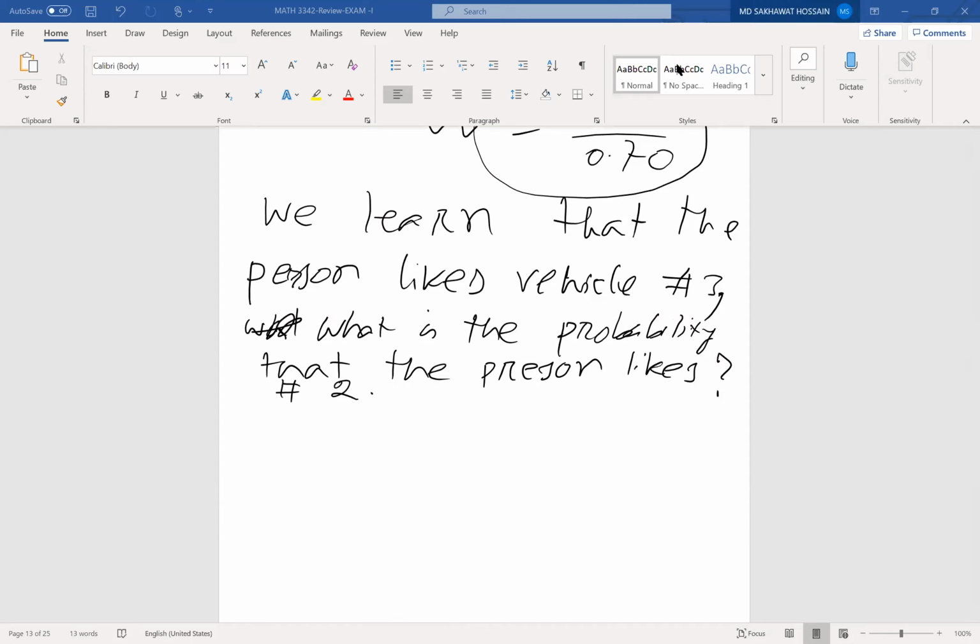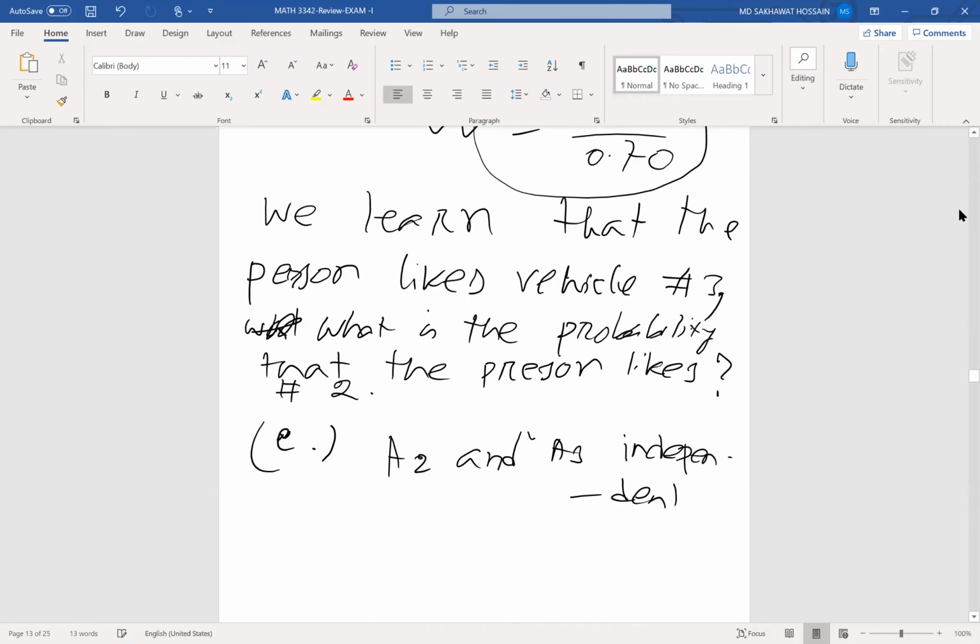Okay, let us check whether they are independent or not. So to check the independency, in part C, you have to check whether A2 and A3 are independent.